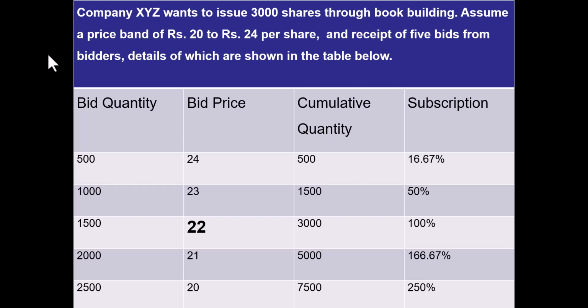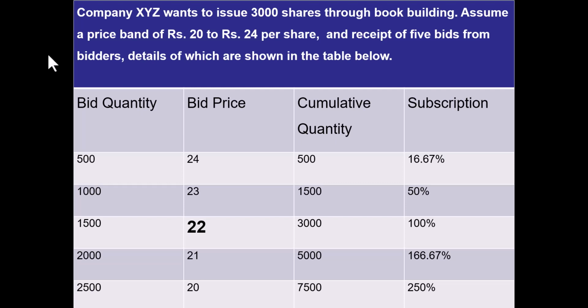Okay. Now let's go to the next one. There is another person who has given an application for 2,000 shares, but he has given 21 rupees. And then the cumulative size will be 5,000. So that means 166% of the subscription has been subscribed with this investor. Finally, there is another investor who made an application for 2,500 shares at 20 rupees.